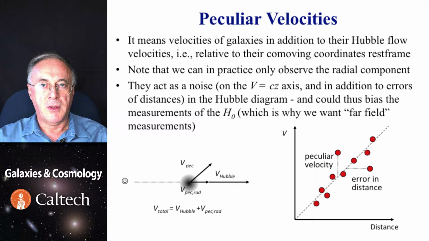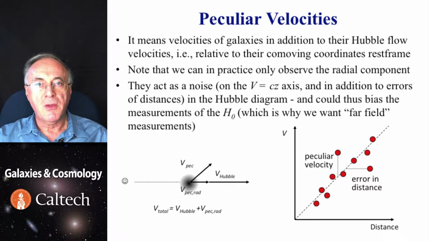Now, even though velocities are three-dimensional vectors, we can only observe the radial component of the velocity because galaxies move way too slow on the sky to actually be able to measure that. So if you're interested in some aspect of cosmological expansion, then these peculiar velocities are like velocity noise atop the actual Hubble flow signal.